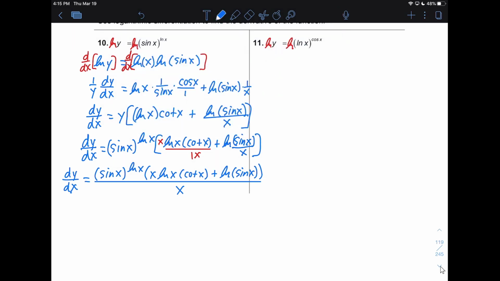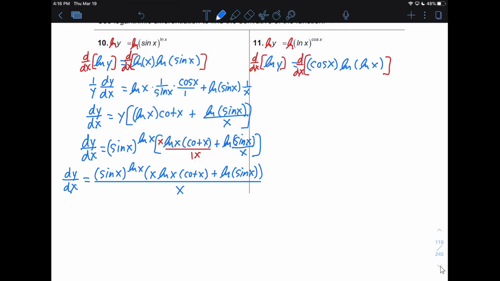So we end up with ln of y equals, bring the cosine of x in front, so cosine of x times the ln of ln of x, and now we'll take the derivative with respect to x, both sides.